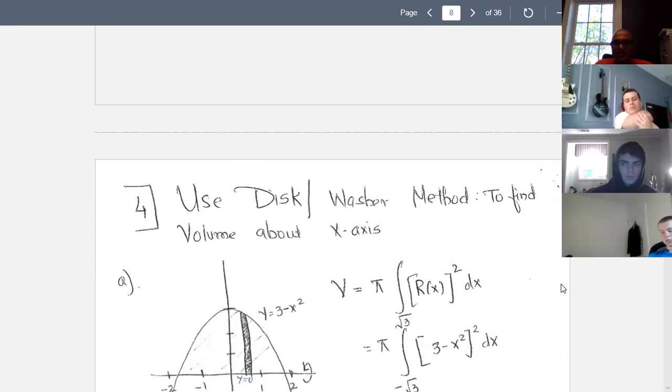Okay, now the disk and washer method to find the volume. It is always better to take it directly. Lots of things are given in the book: the formula, how to get the equation to find the volume by disk method, washer method, all these things. Here I would directly start.